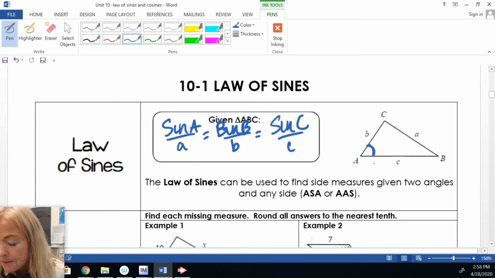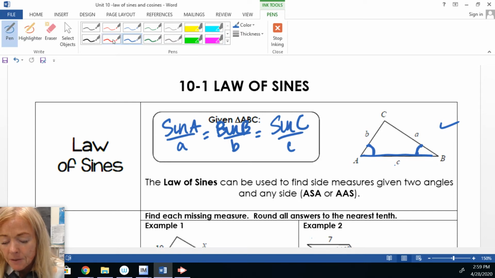If I have an angle, a side, and an angle, then it's useful because you can have opposite side over opposite angle, equal to opposite side over opposite angle. So you have the sine of an opposite angle anyway.